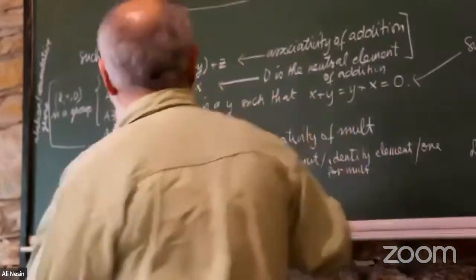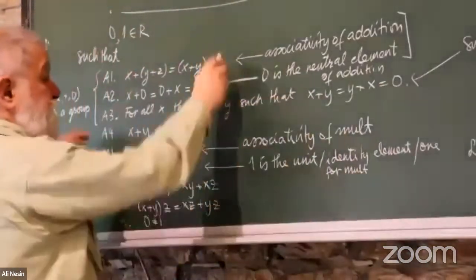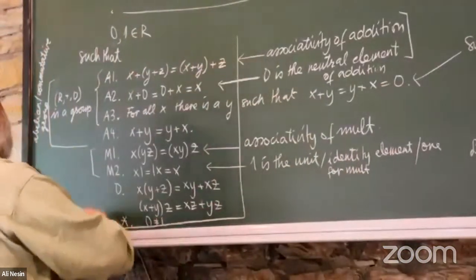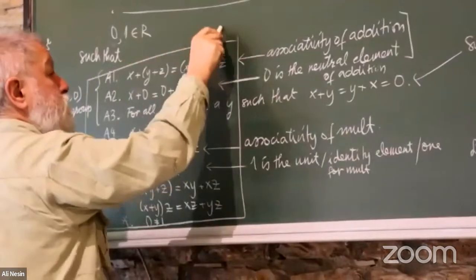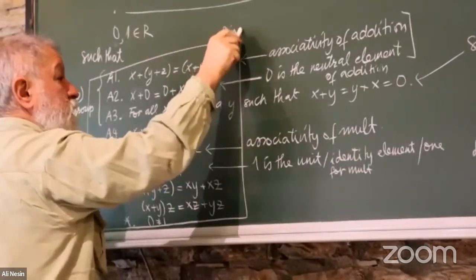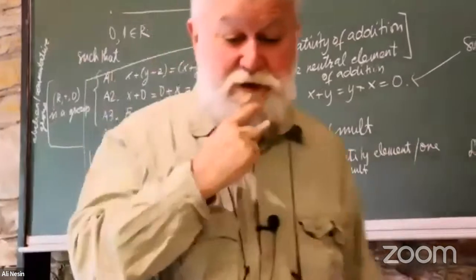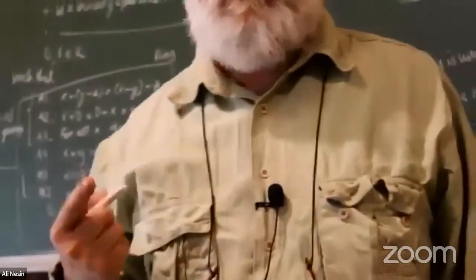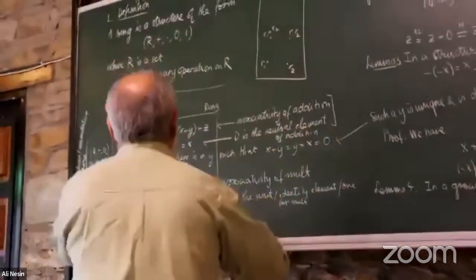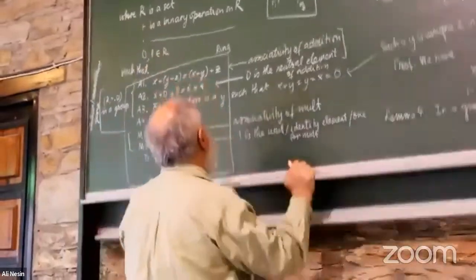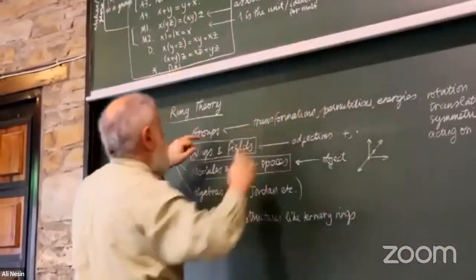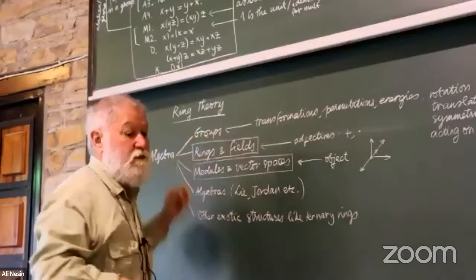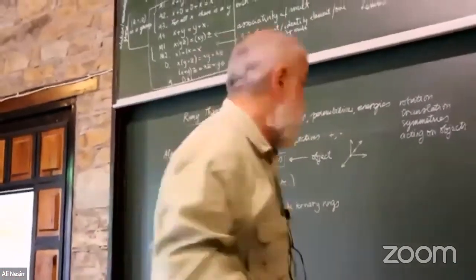By the way, such a structure is called a ring. In math, there's only one definition of groups. Everybody agrees about what a group is.